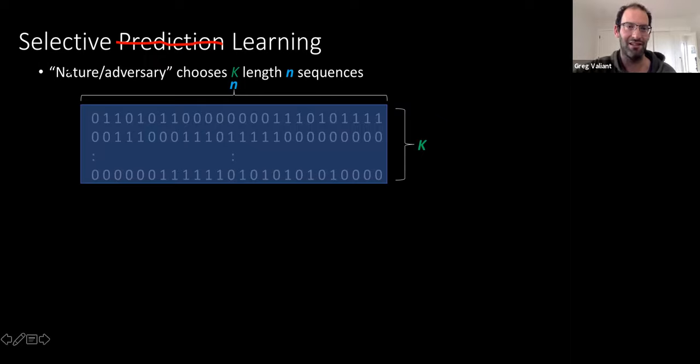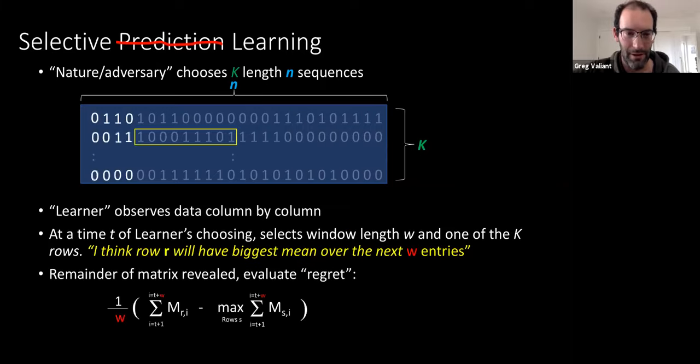And this selective learning question is sort of saying, suppose you have this matrix, you reveal columns one at a time. To what extent is there still this notion of predictability? So you can think of it as a Ramsey theoretic type thing, or more of an online learning type of problem.